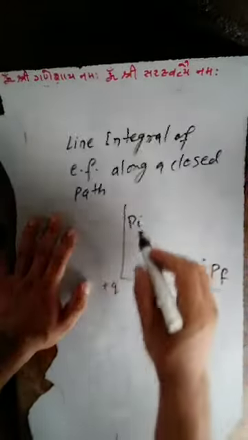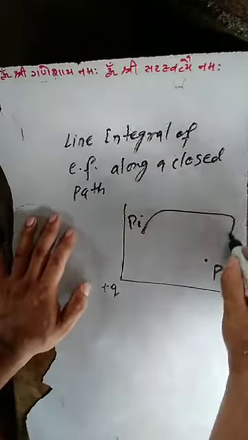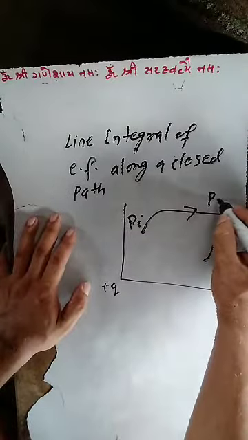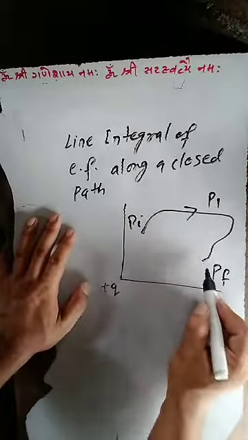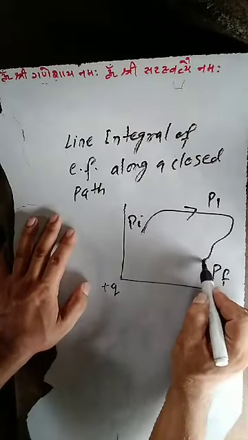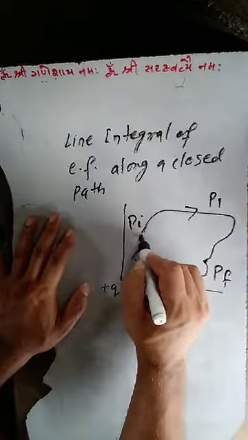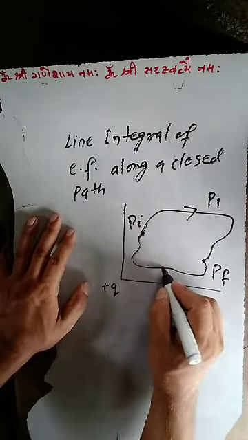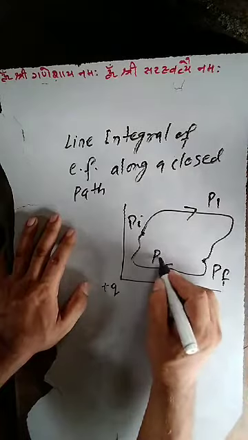We take two paths. One is like this. We name it as path P1, and again from this final position, we take another path and we reach Pi. So this is another path, P2.